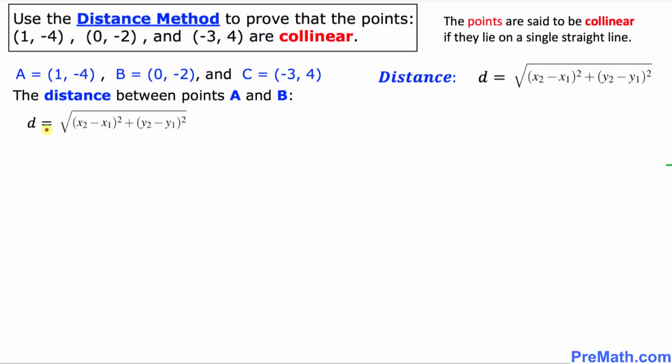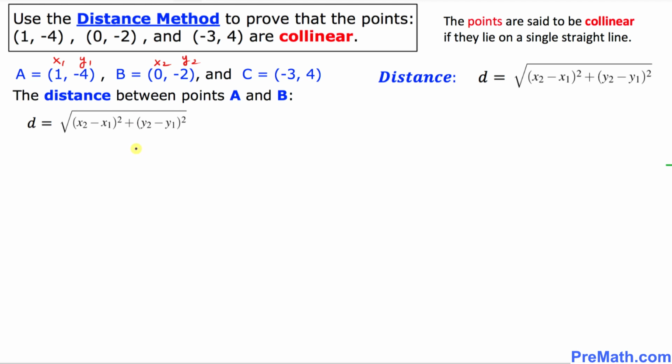Here we will be using the distance formula d equals the square root of (x2 minus x1) squared plus (y2 minus y1) squared. Since we are considering points A and B, I'm going to call point A x1, y1, and this is going to be x2, y2.